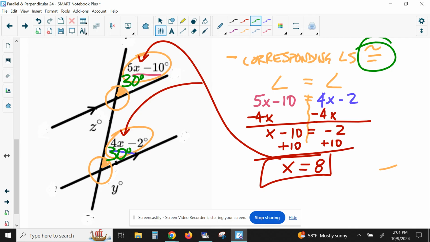Okay, so how do we get to either z or y? Look at your picture. We got to get to z or y. Let's just look at them for a sec. Does anyone have a plan for z? What kind of angles is that?